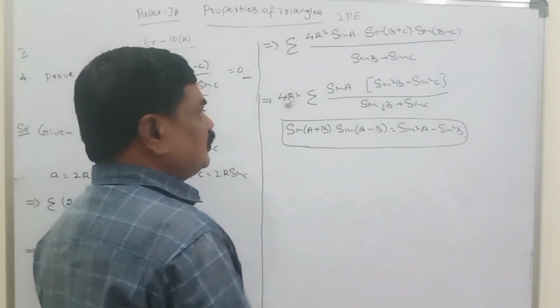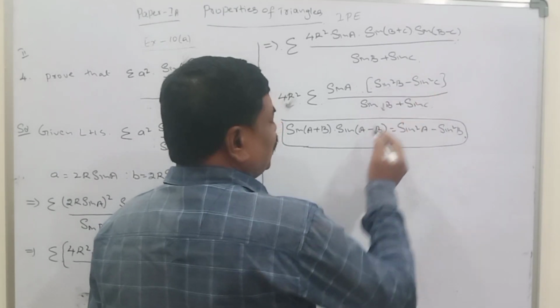You observe here, this is in the form of A square minus B square.